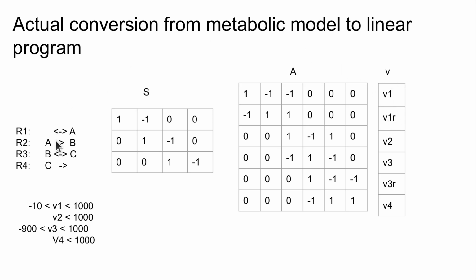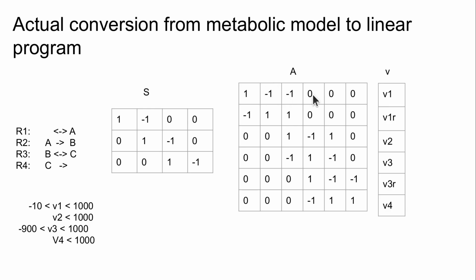So instead of saying that V1 can be negative, we're going to force V1 to be positive, but we're going to add a secondary reaction, V1R, which is the same as R1, but is converted the other way around. It is turned around in direction.